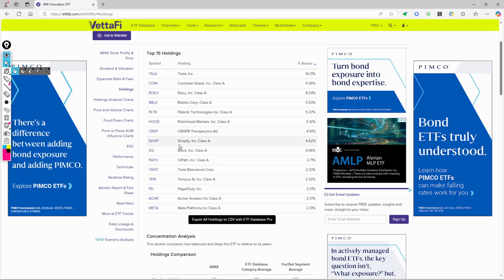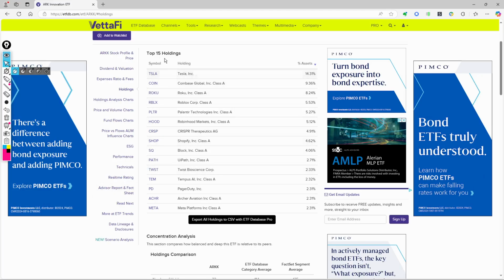So we talked about Shopify, that's in there. We talked about Palantir, that's in there. We mentioned Roku and we mentioned Coinbase and Tesla. You get all of those good stocks. So this is like an all-star team of kind of AI stuff with Palantir as well as Path. I think it's AI as well, or if not, it's something technology based.